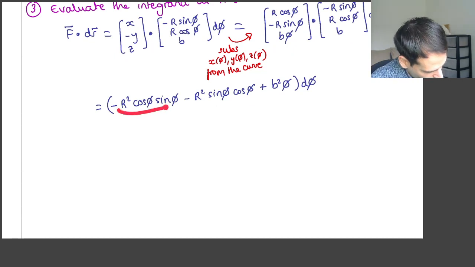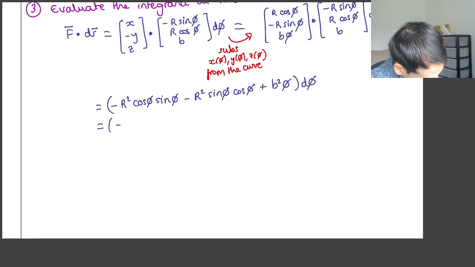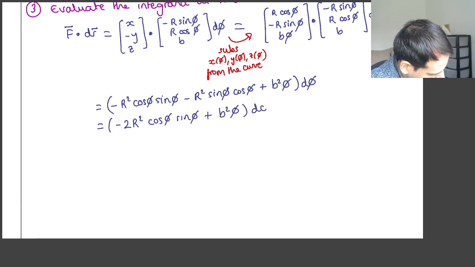These two terms are the same, so it becomes minus 2r squared cosine phi sine phi plus b squared phi d phi.